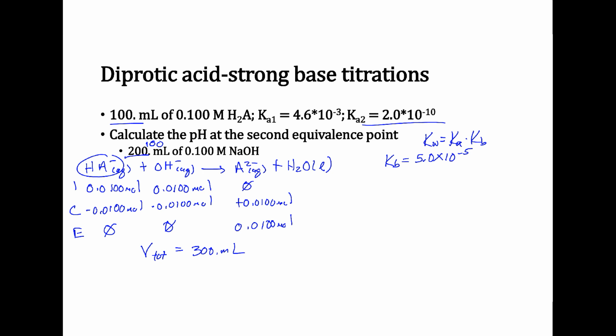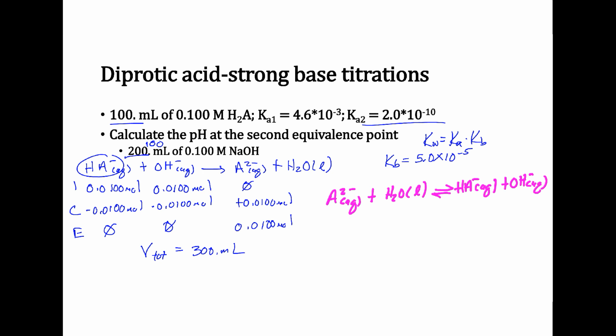And now we can use this for the following reaction. We can start off with A2 minus plus H2O yields conjugate acid plus hydroxide.